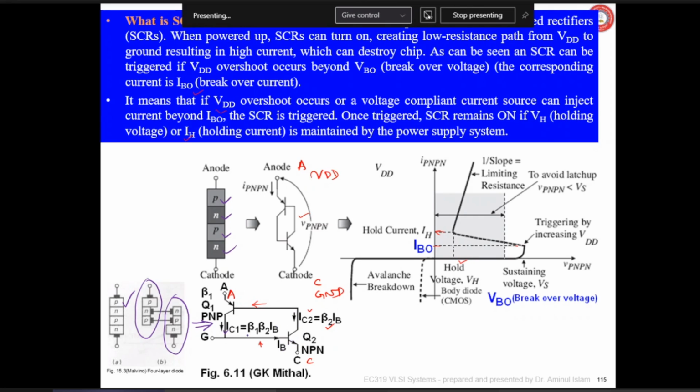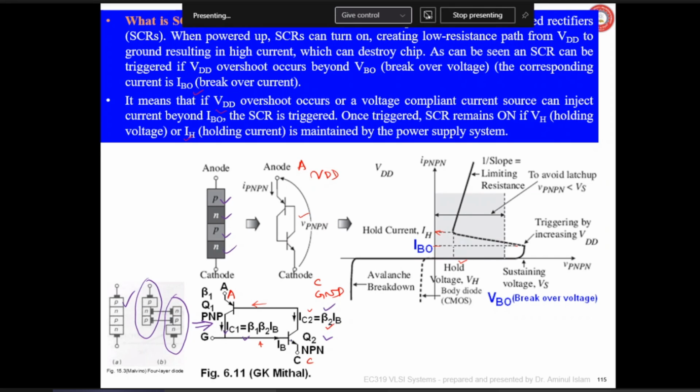Because of any reason, if the base current IB changes, say increases, what will happen? It will be multiplied by its beta. Say this one is Q2, so beta is denoted by beta 2.